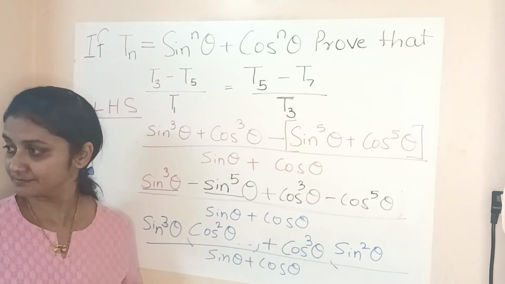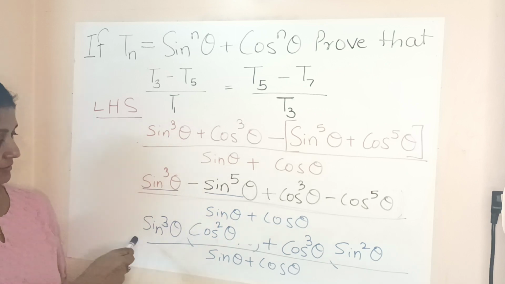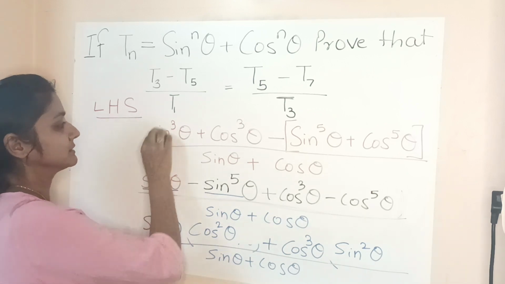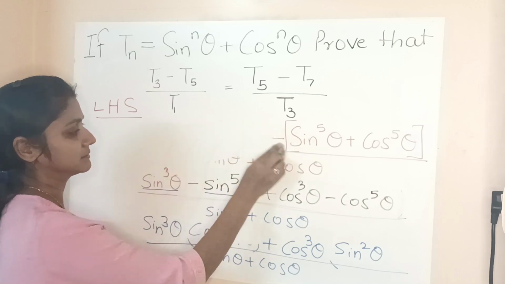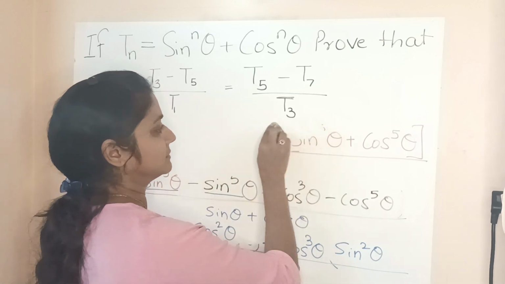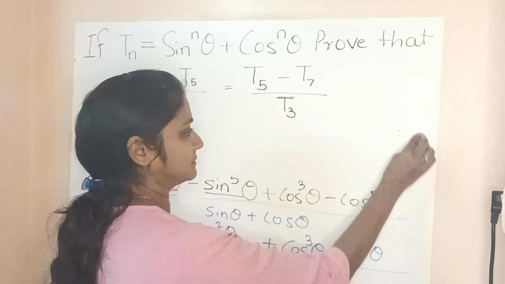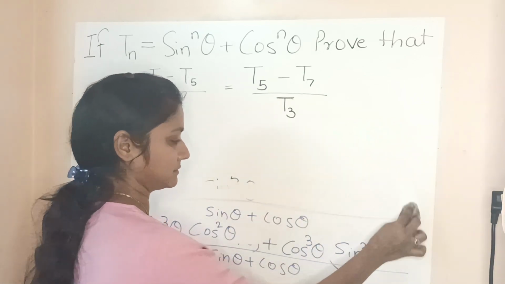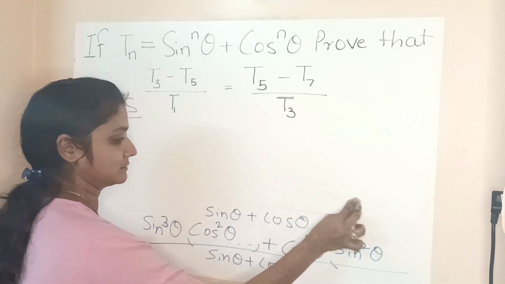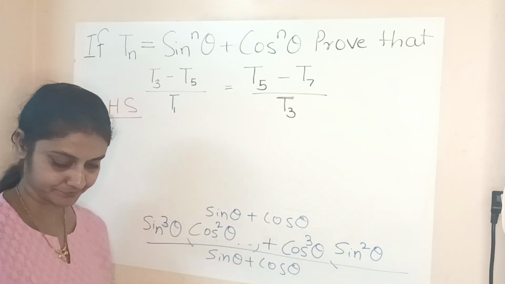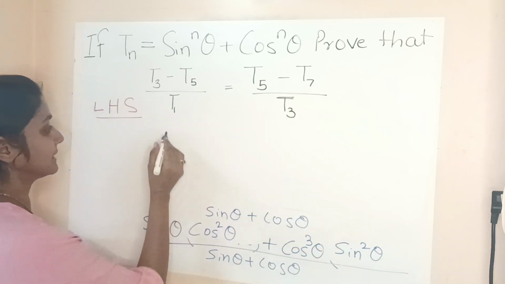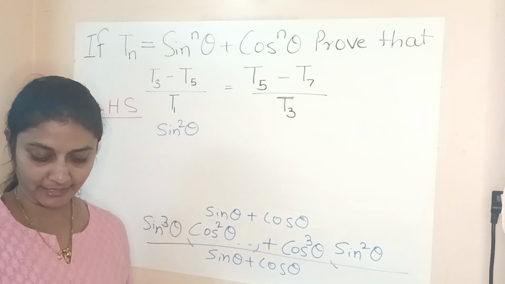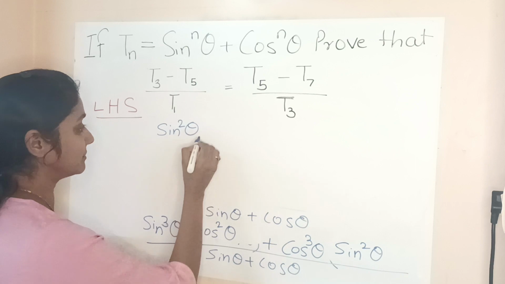Now, anyone? Yes, Sharanya? Anything can come out common now in this? Can I write this as sin square theta into cos square theta common?